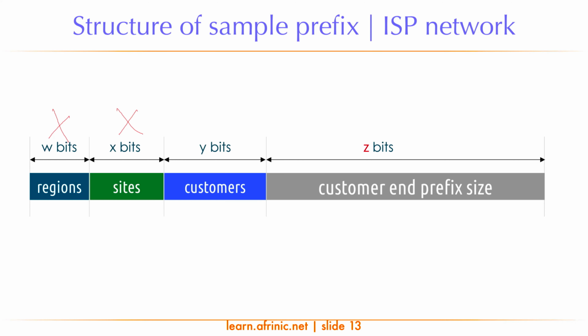And then we also have a certain number of bits that will enable us to meet the requirements of our number of customers per site. The end customer or the end prefix size will be predetermined, like I mentioned earlier. So this is what you'll be giving to your customer. This will be predetermined.